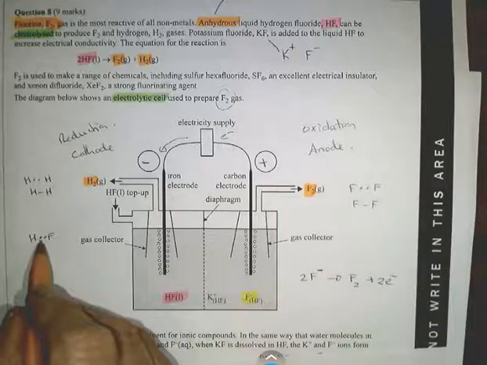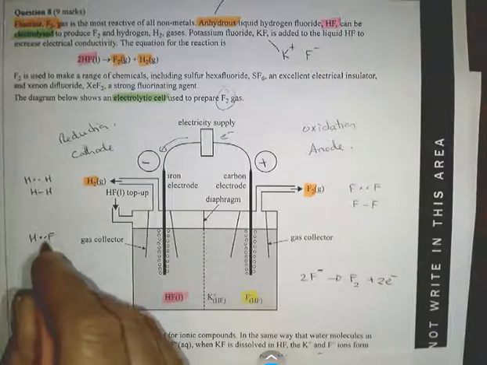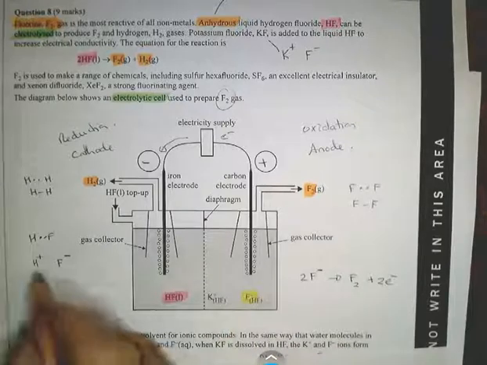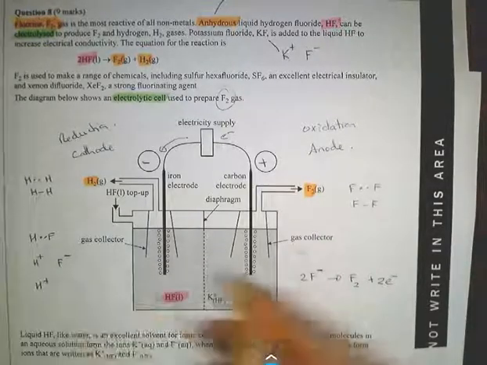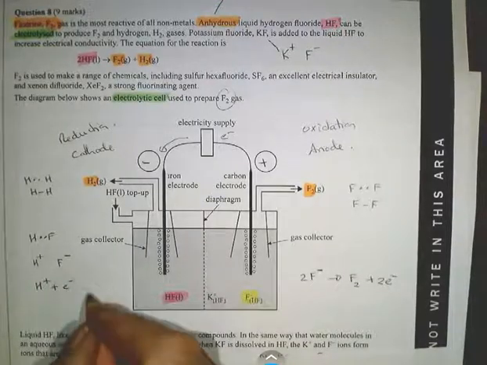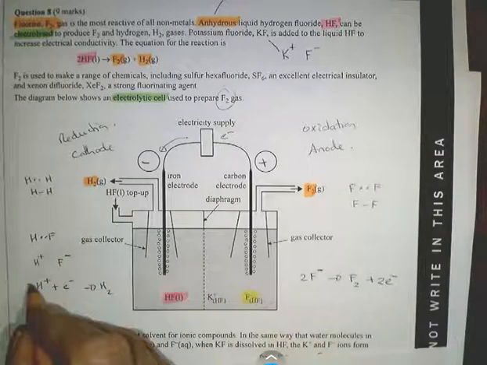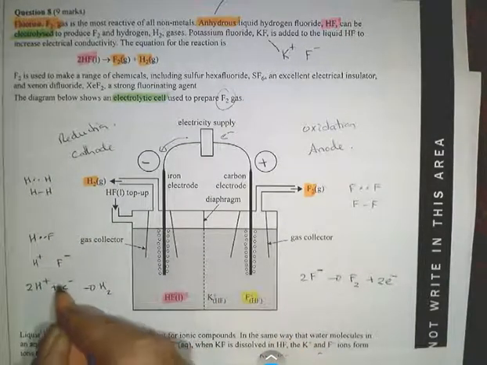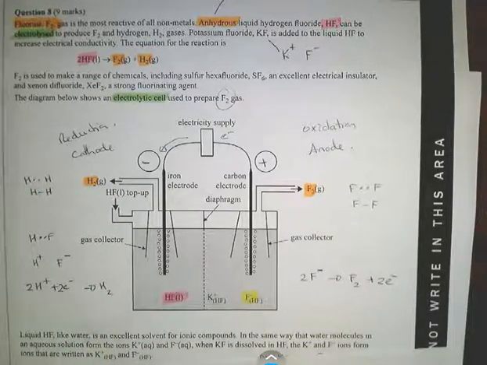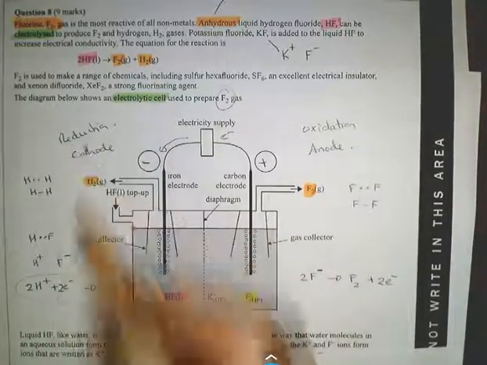So if the electrons are taken off this and you form hydrogen ions and that electron is given to the fluorine to form fluorine ions, then your hydrogen can get the electrons that are coming over here and form a hydrogen molecule up there. So you need two hydrogen ions and two electrons to form the molecule. So you can see that this is going to be your reduction reaction.